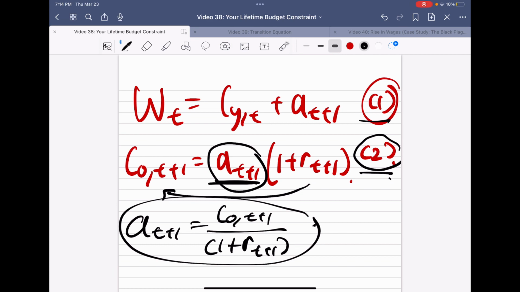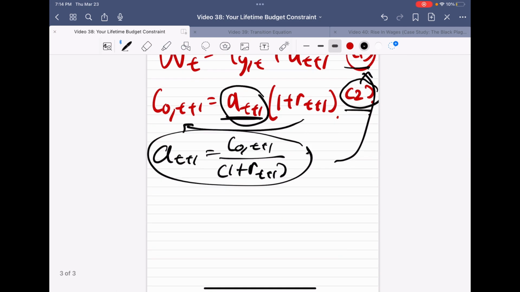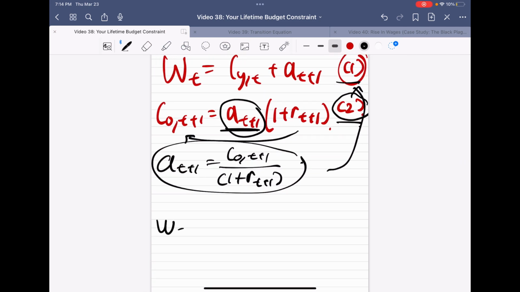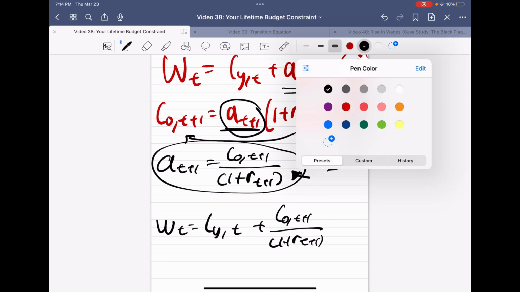And now, given this, substitute it into our first equation, W_t equals C_Y,t plus A_t+1. We know A_t+1 can be represented in this way from the second equation. So we plug that in. A_t+1 is C_O,t+1 over 1 plus r_t+1. So now we have derived our budget constraint.